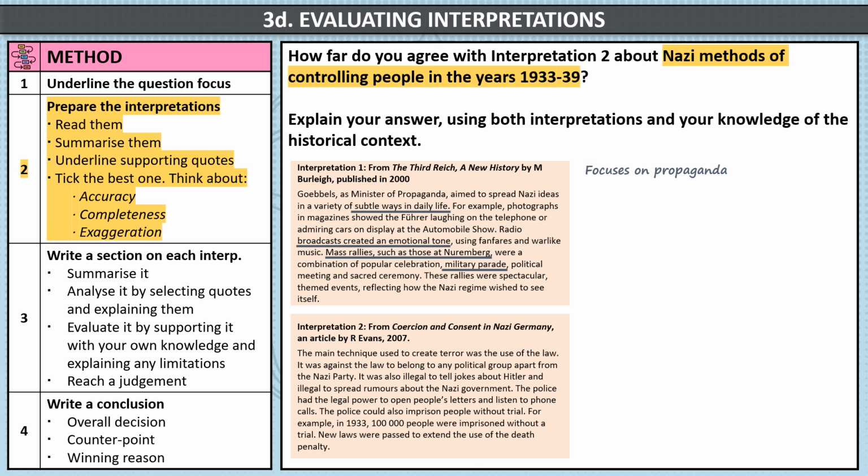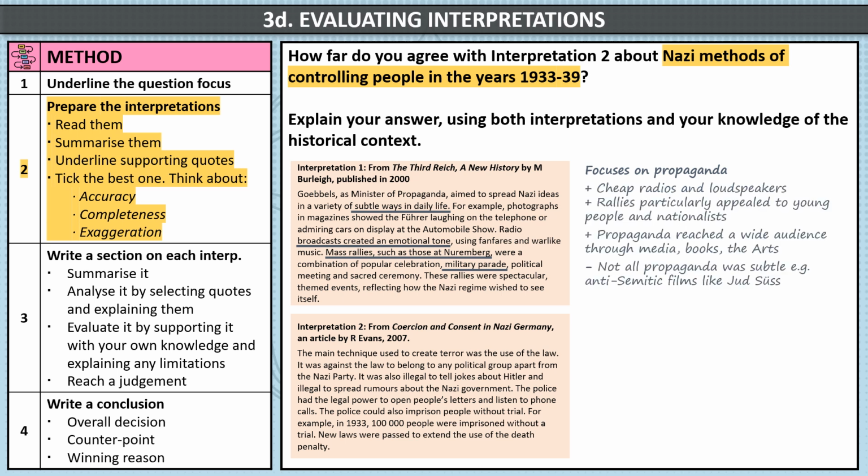Now, although I might not have time to write this in the exam, I'm already starting to think of the strengths and weaknesses of this interpretation. I think it's right about propaganda, and I have some knowledge about radios and rallies that I can use to support it.